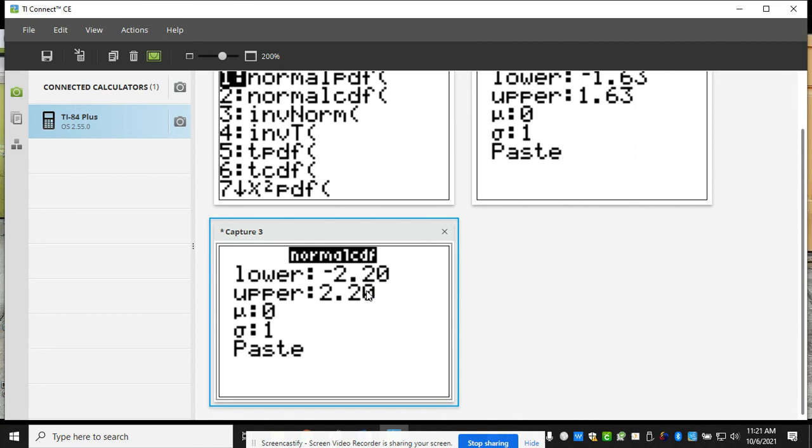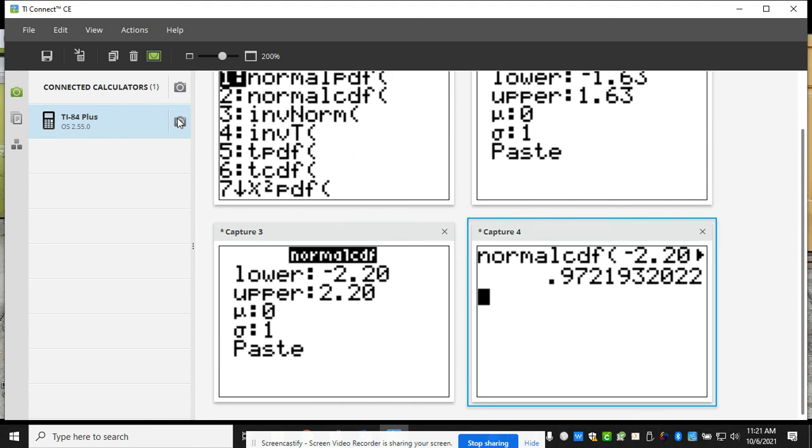And when I hit enter, it gives me 0.9722, which was our answer. So this is the calculator's way of doing the yellow chart for you. Now, you can still continue to use the yellow sheet, and that is absolutely fine, but you also have this resource if you would rather do it this way.